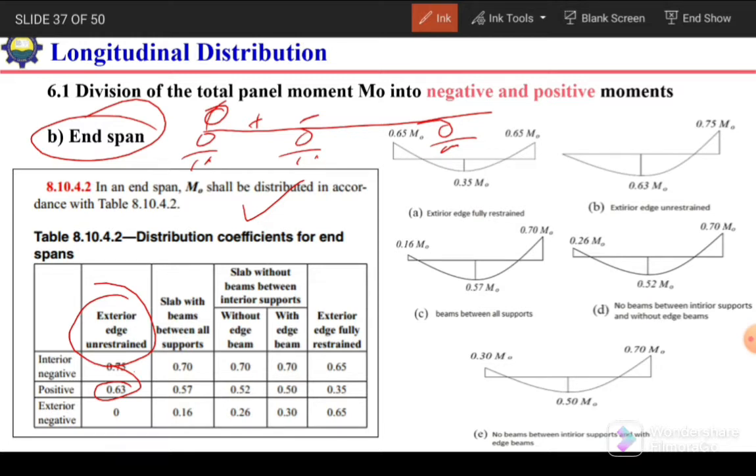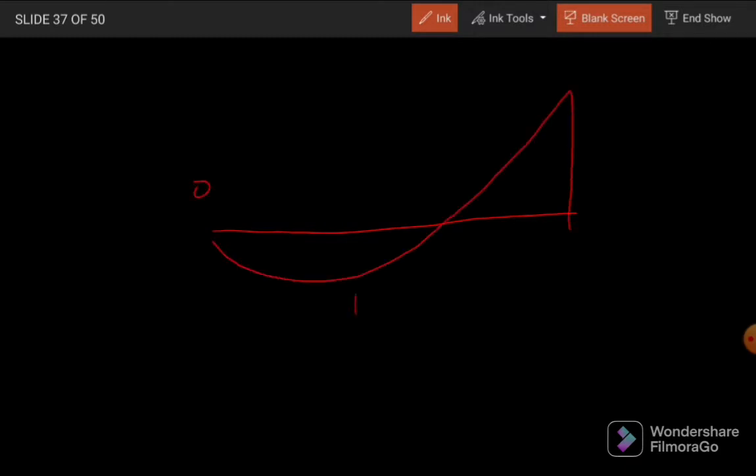So here the bending moment will be 0, positive moment will be 0.63 times M0 and this one will be 0.75 times M0, like this. Here bending moment will be 0, here positive and here negative.